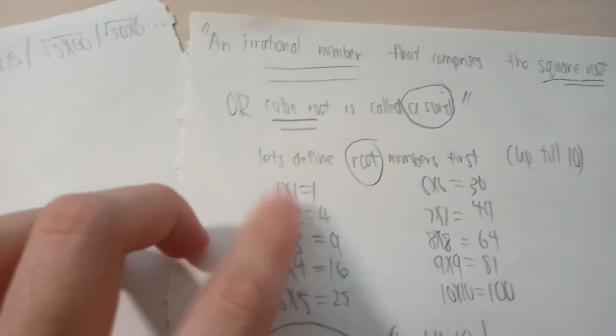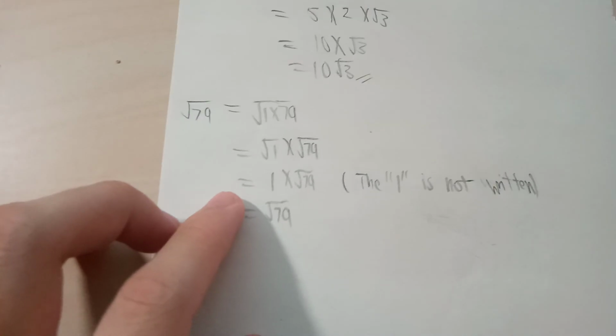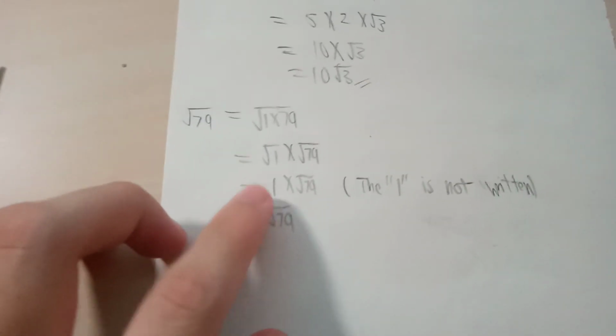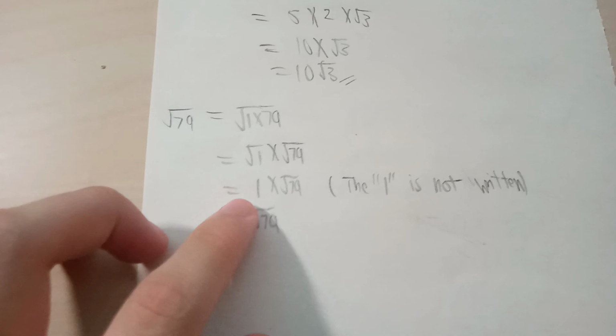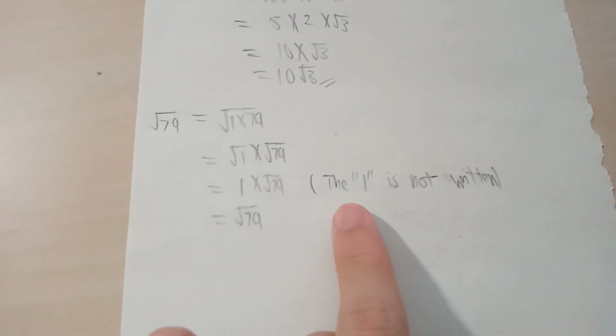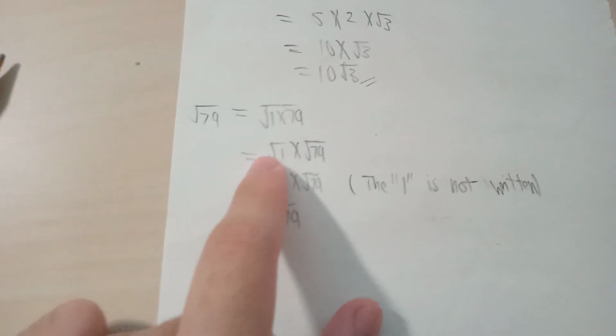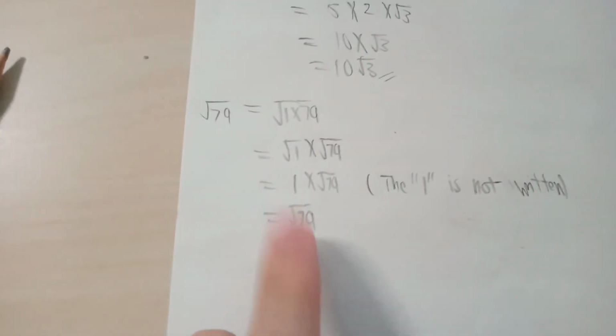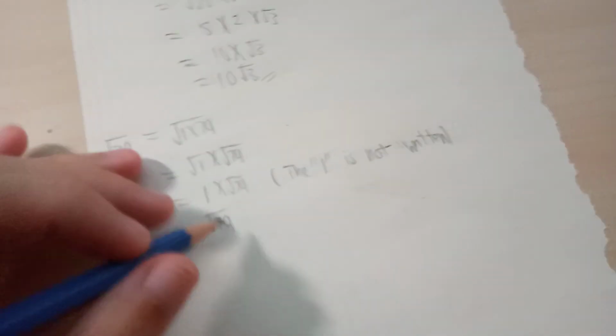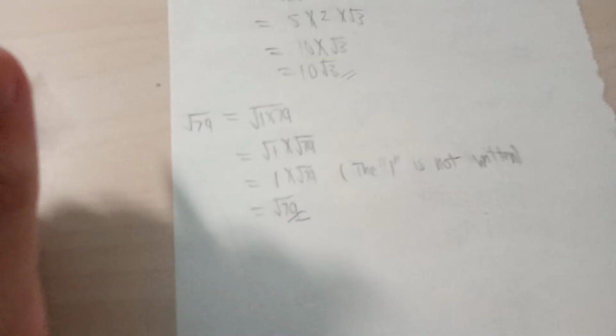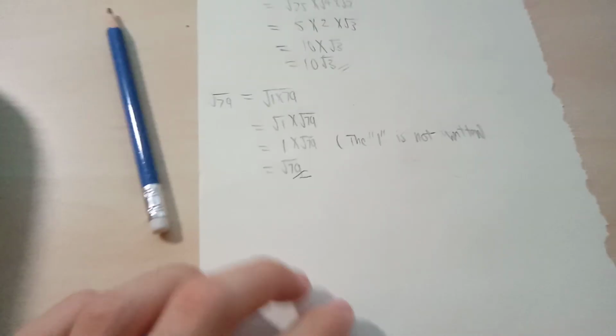So 1 times root 79, but the 1 is not written. So we remove the 1 and it's written as root 79, right? I forgot to underline this.